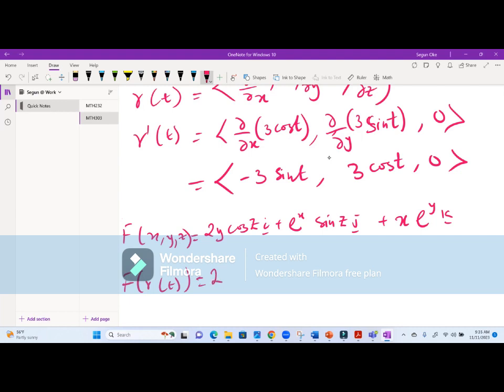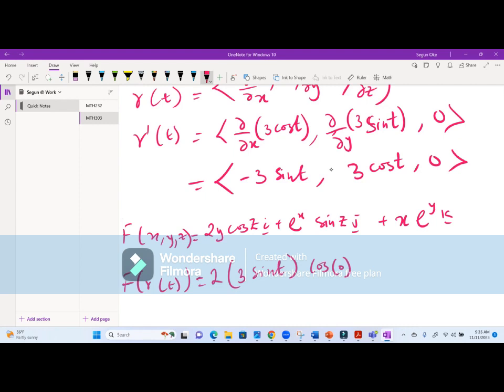And 2y, substitute, we have 2. What is y? Y is 3 sine t. So what is z? Z is 0. So you have 3 sine t. Cos 0 is 1. So we solve that one.